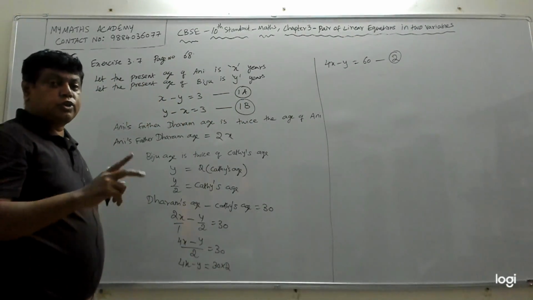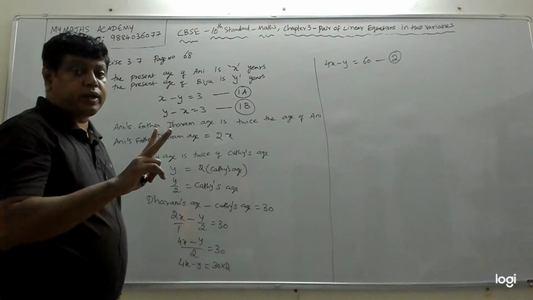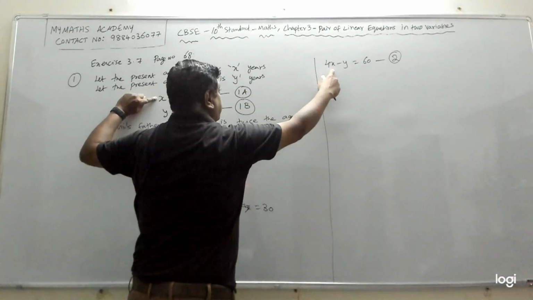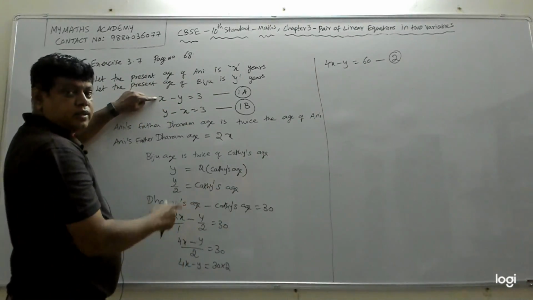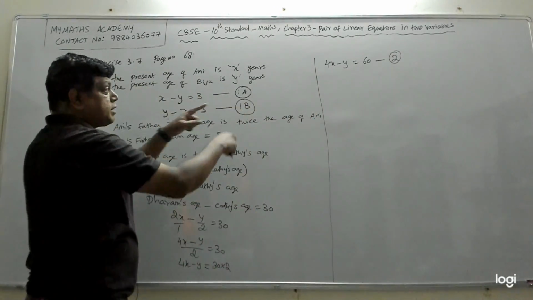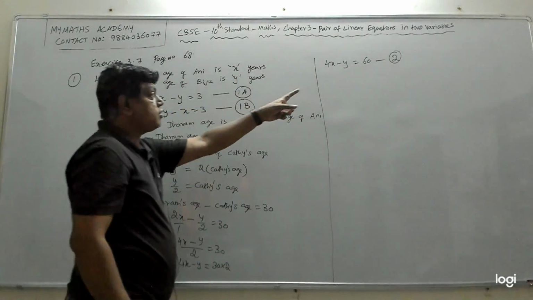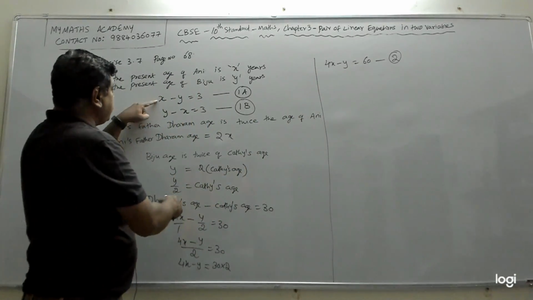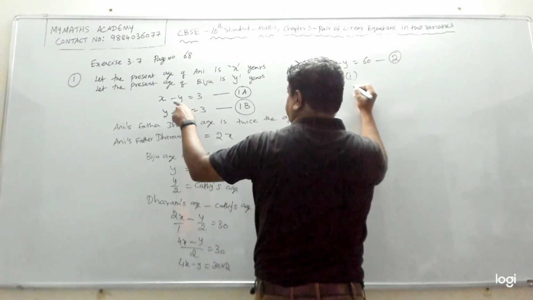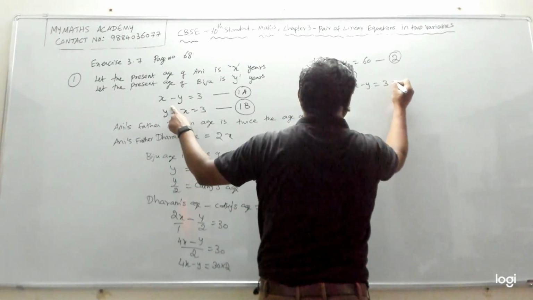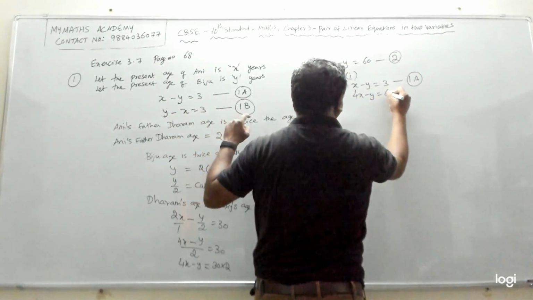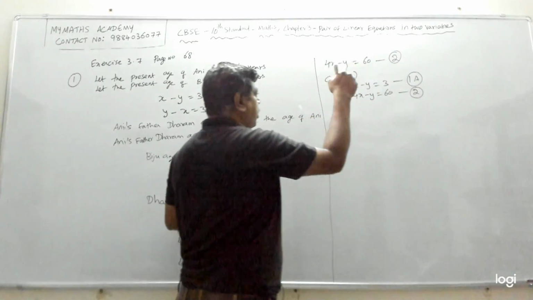Now we should solve them and find x and y. We have 2 cases. In case 1, we take the equation x minus y equal to 3, first equation 1a, and the equation 4x minus y equal to 60, the second equation, and solve 1a and 2.